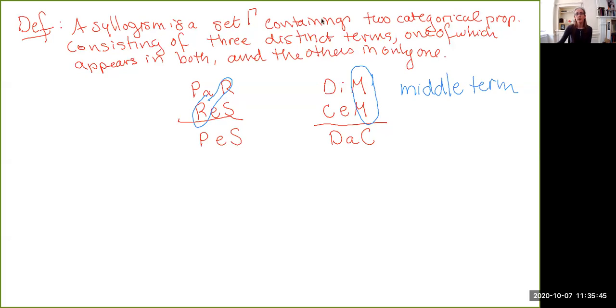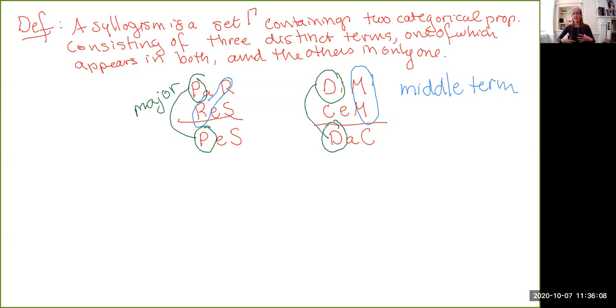Then we have the term that is the predicate of the first premise, and it's also the predicate of the conclusion. This is called the major term. So it's the major one because it's the one that is forming the predication.